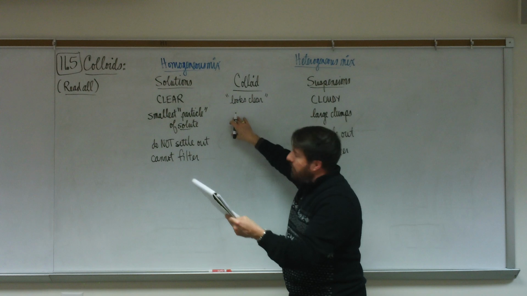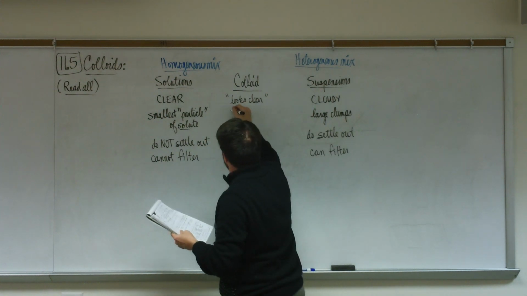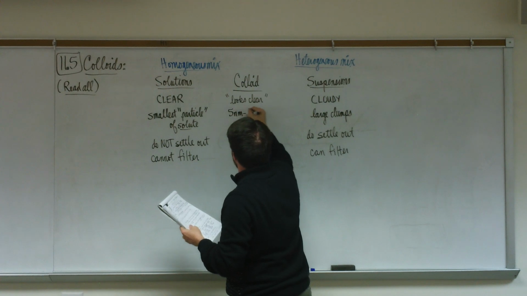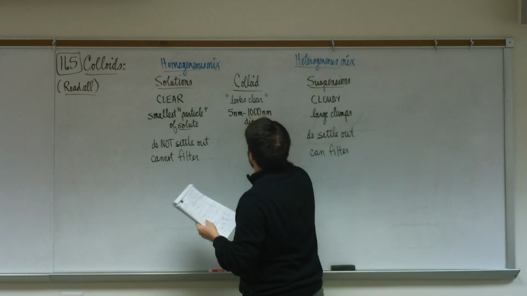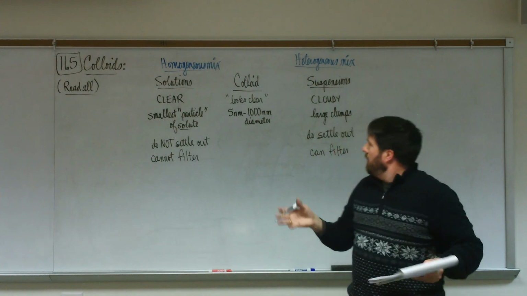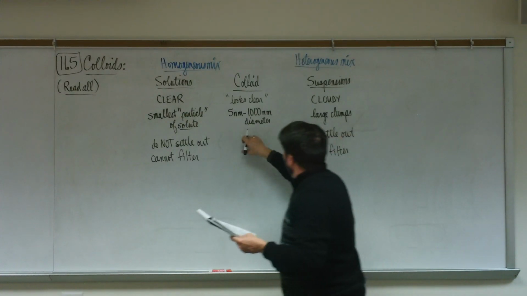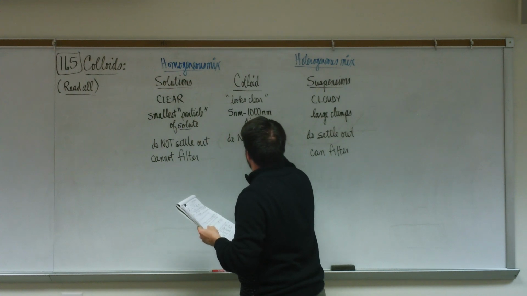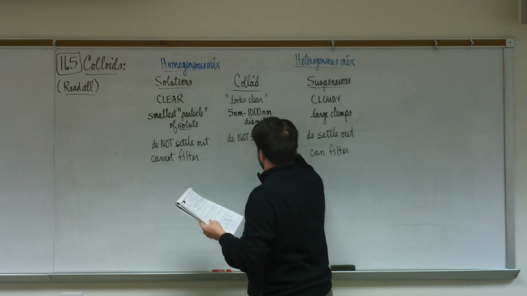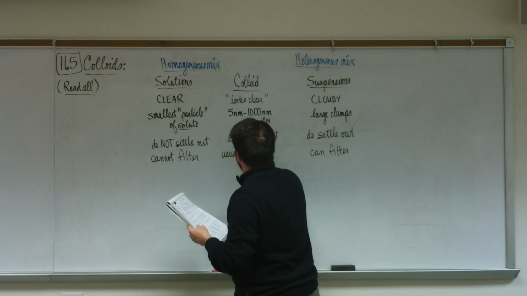However, the size of the clumps are not the smallest particle size. These sizes of clumps are between 5 nanometers and 1,000 nanometers in diameter. You want to know the approximate range, so 5 nanometers to 1,000 nanometers is significant size. If I would wait for them to settle out, they do not settle out over time. If you try to filter them, you usually cannot filter.